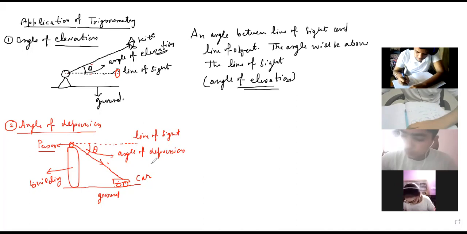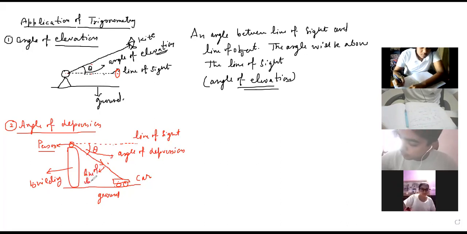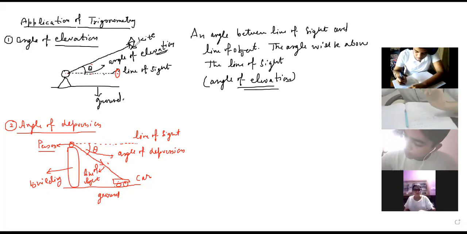This is called angle of depression. So this is line of object. This is for your understanding. So angle of depression is toward down and angle of elevation is toward up.